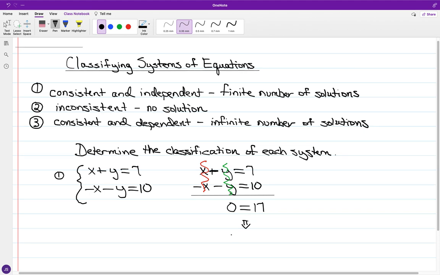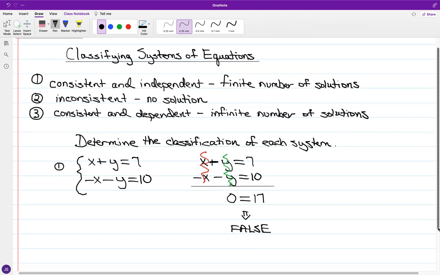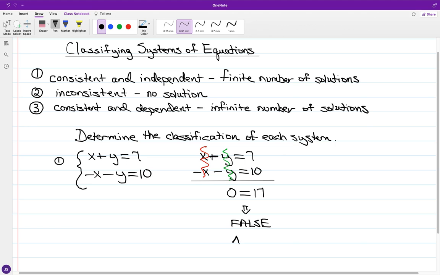Okay, so we have a false statement for the resulting equality statement. So we have no solution in consequence.